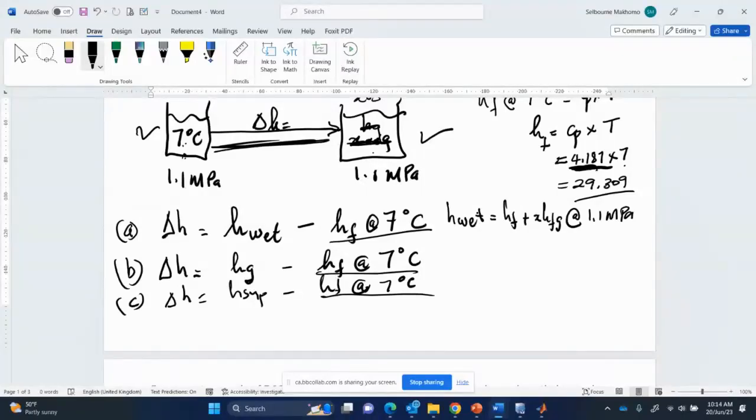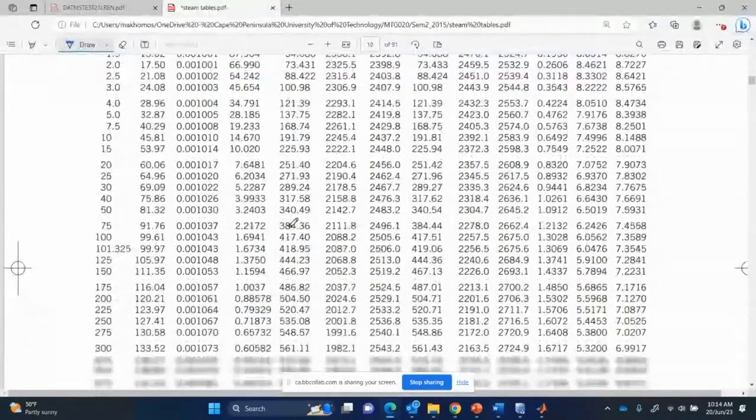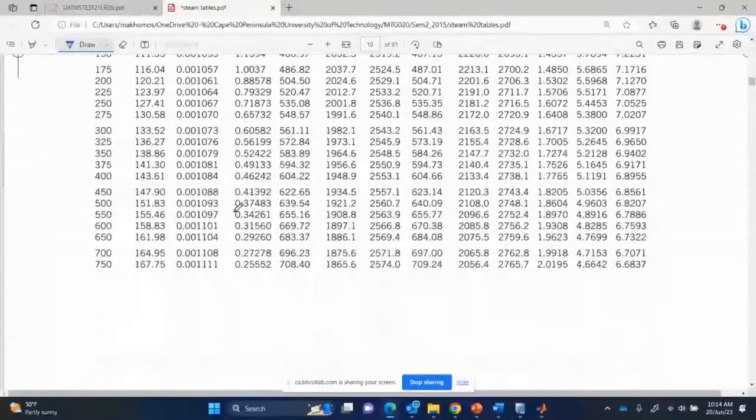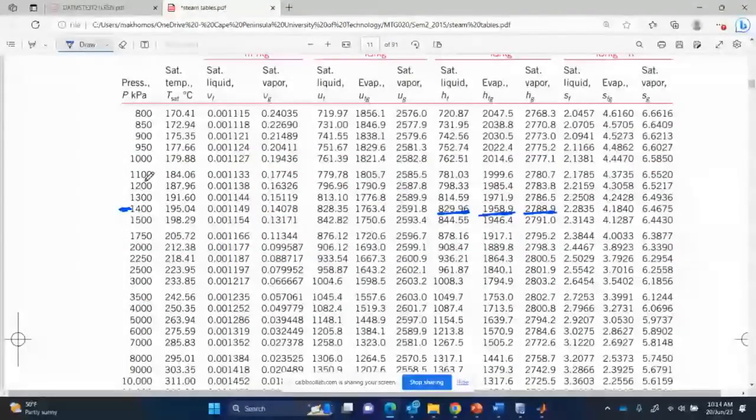So ladies and gentlemen, we have to go back to the tables to determine HF at 1.1. Remember we are dealing with wet steam, so we still use these tables, not the superheated. Here is 1.1 megapascal. Now we are looking for HF. HF is 781.03.